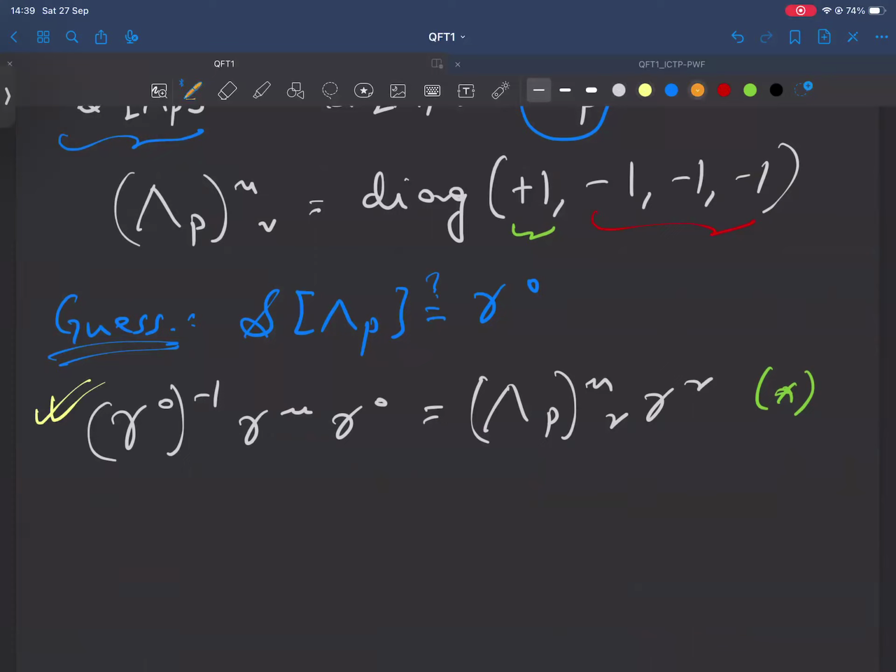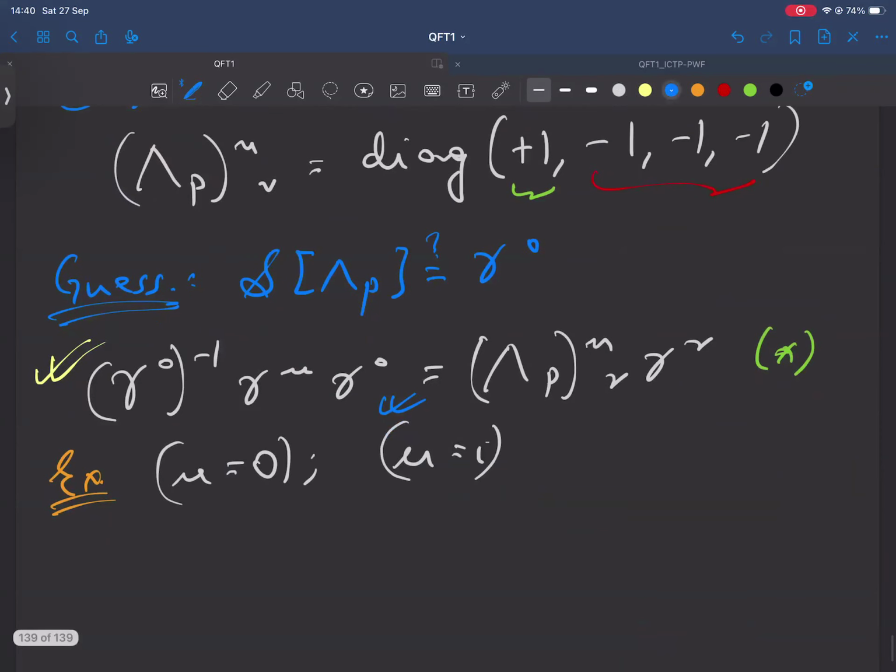That's again a very simple exercise. I can give you a hint: first do it for the time components and then do it for the space components, and you will see that this works out. Here is also a tip: whenever you want to satisfy identities like this, if it doesn't work out immediately, just separate space and time and do one by one, and it will work out. So you can show that gamma 0 is satisfied by this.